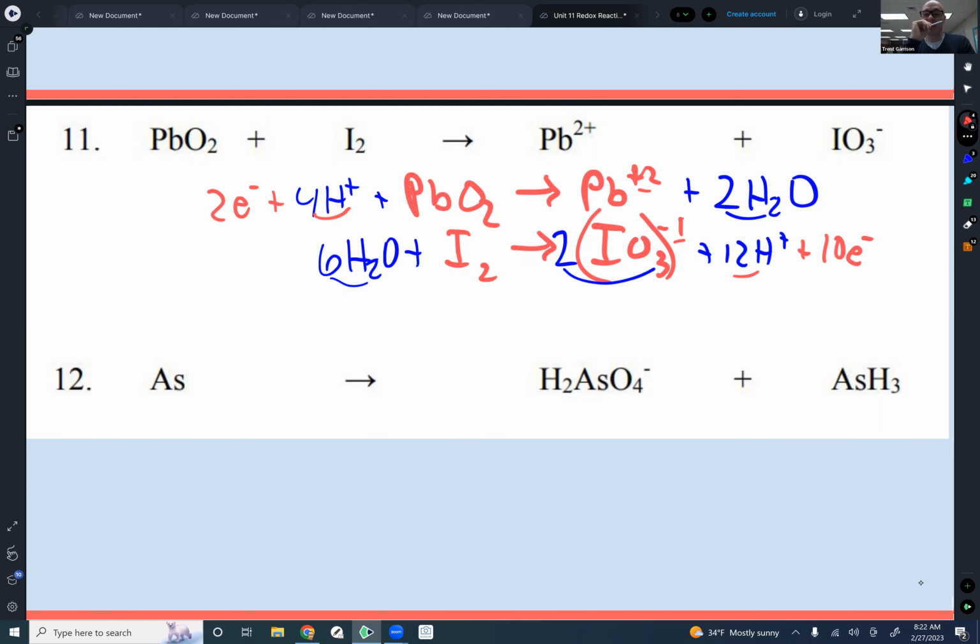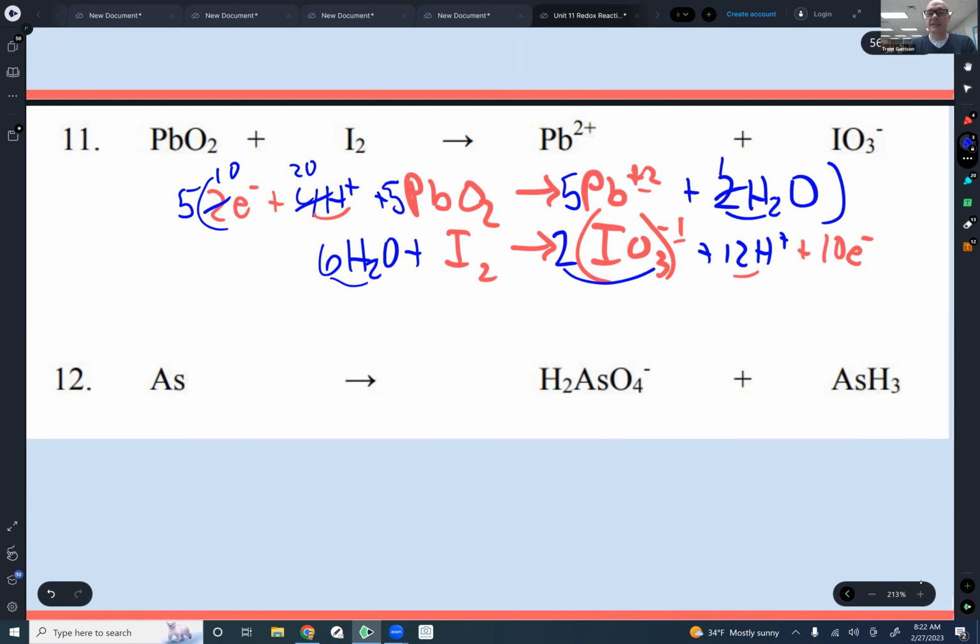That's crazy, 10 electrons. All right, well, these 2 electrons are not equal, so I need to multiply all this top by 5. When I do that, I'll have 10 electrons, I'll have 20 hydrogens, I'll have 5 of those lead oxides, 5 leads, and 10 waters. Now everything is balanced. We can write our final answer.